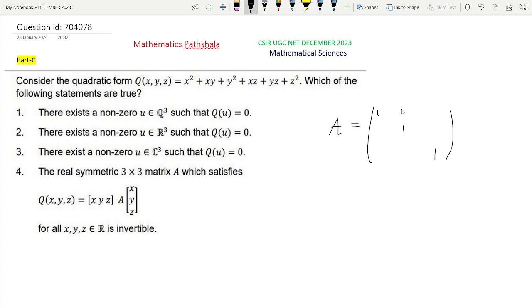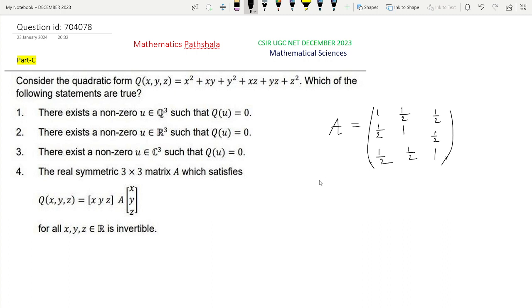In the 1 2 position, that is xy, the coefficient 1 is divided by 2, so it is half. In the 1 3 position, that is for xz, it is also 1, divided by 2, so half. Similarly for the yz position it is half. So this is the symmetric matrix associated with the given quadratic form Q.